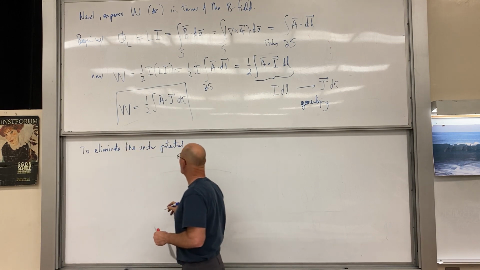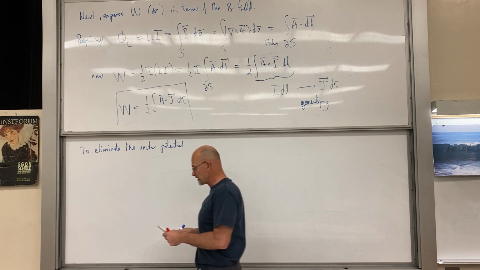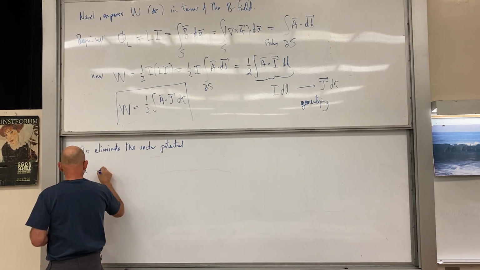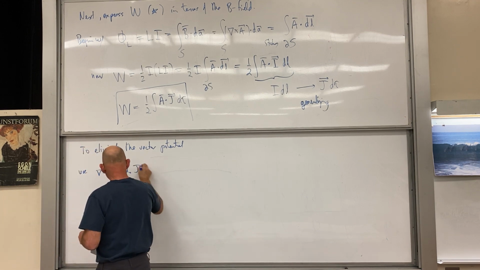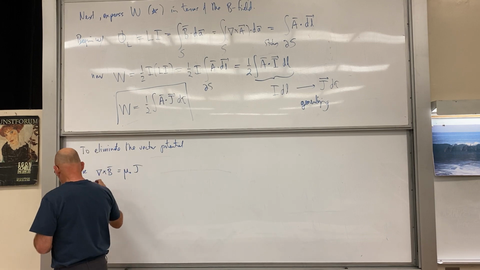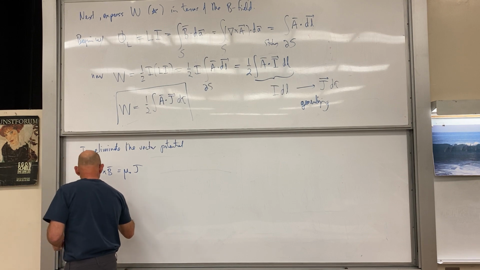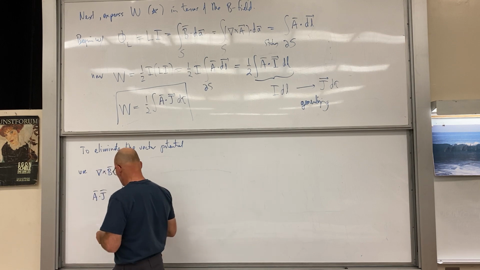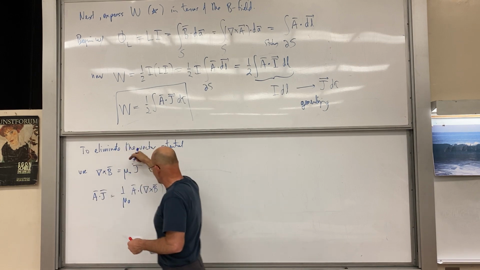Well, we know B is equal to the curl of the vector potential. So what we're going to do is the following. Use curl of B is equal to mu naught J, and use, coming out of this, A dot J is equal to 1 over mu naught A dot curl of B. So we plug that in to here.